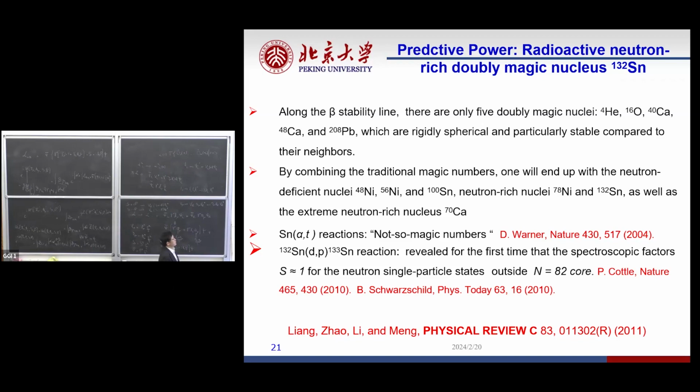By combining with the traditional magic numbers, we have the neutron deficient double magic nuclei, like nickel-48, nickel-56, tin-100, and also, on the neutron rich side, nickel-78 and tin-132, as well as calcium-78. So these are double magic nuclei either on the neutron deficient side or the neutron rich side.